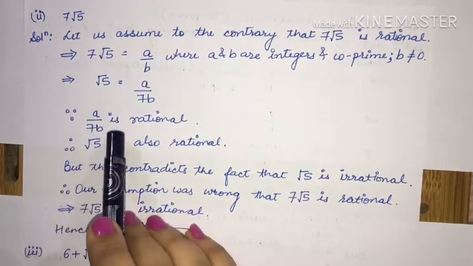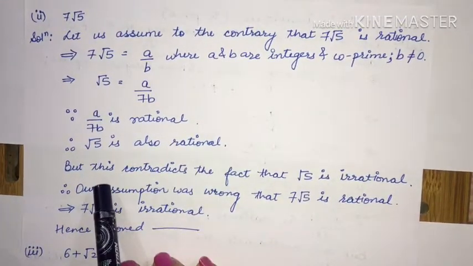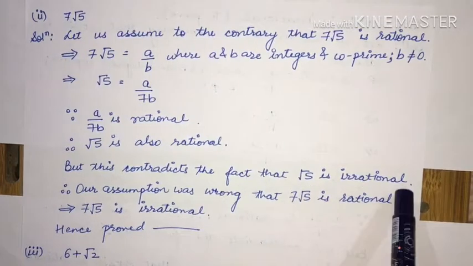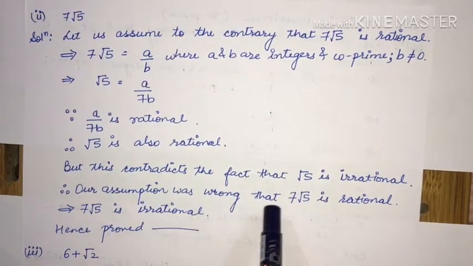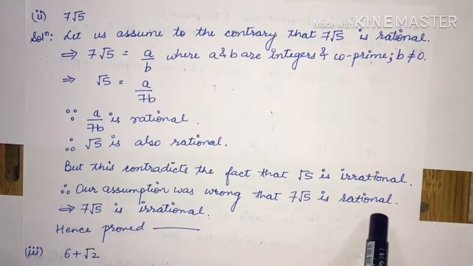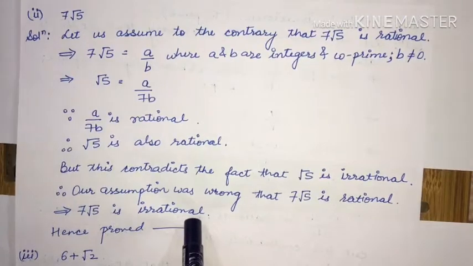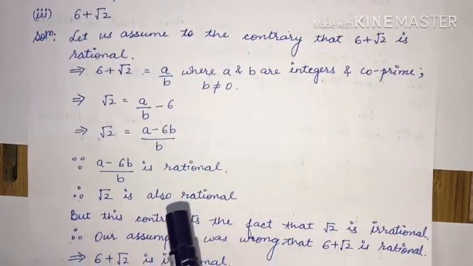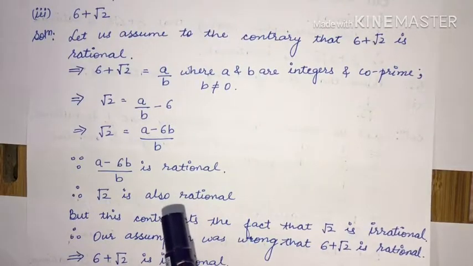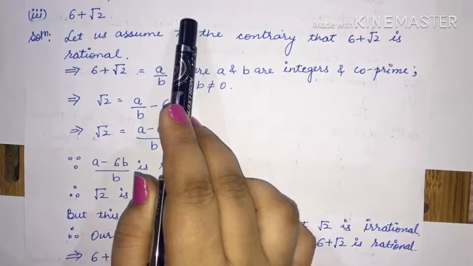Since a upon 7b is rational, therefore root 5 is also rational, but this contradicts the fact that root 5 is irrational. Therefore, our assumption was wrong that 7 root 5 is rational, which implies 7 root 5 is irrational, hence proved. Next part, which asks us to prove 6 plus root 2 is irrational.